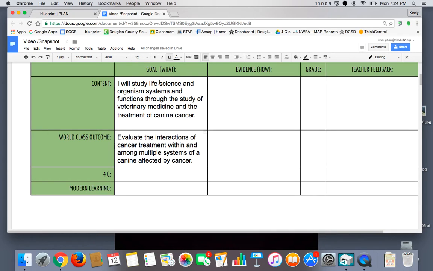So again, I've got my foundation, I've got the basic information that I'm going to need to gather so that I can do something with it here in my world-class outcome. This tells me and my facilitator and everybody else that's a part of my project, my audience and the people I'm talking with about my project, what exactly I'm going to be doing. I see the science connection to that. I see what I'm interested in connected in that, and I still have my higher level world-class outcome.